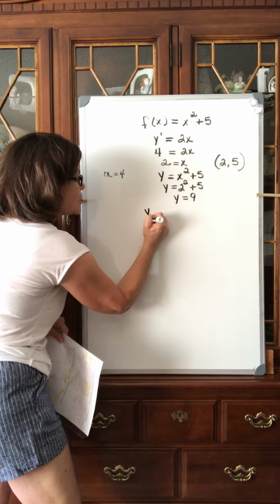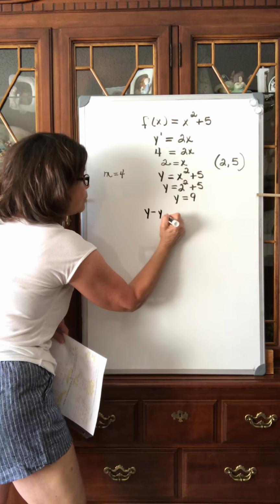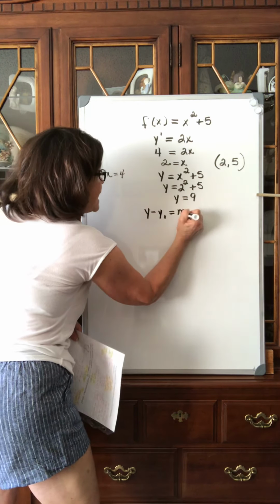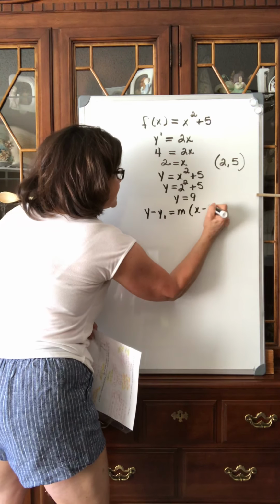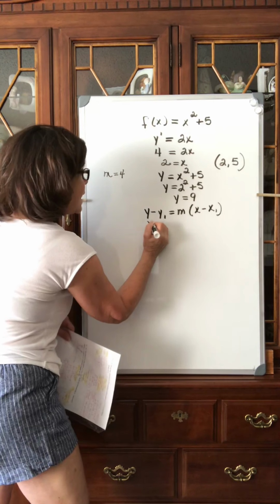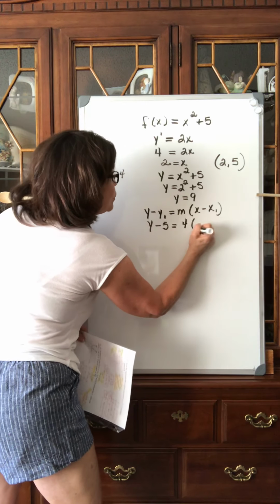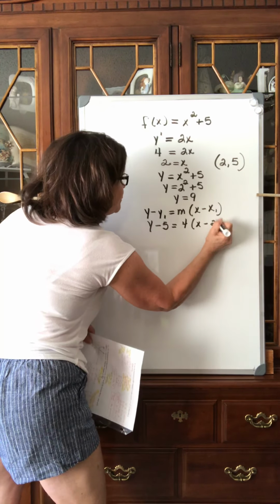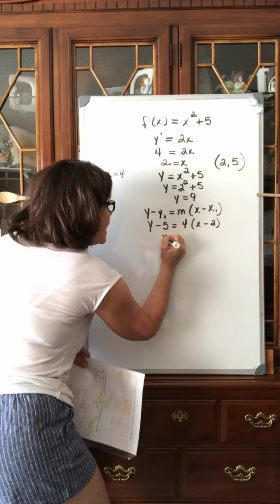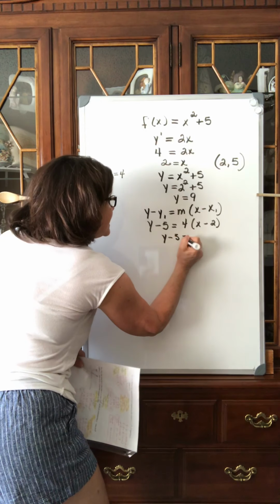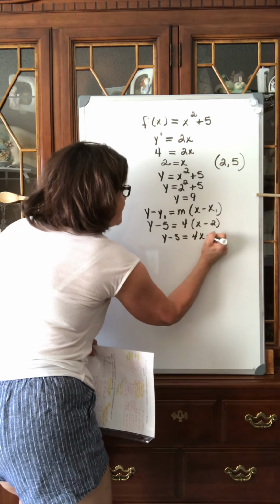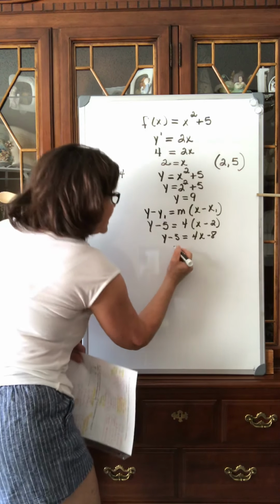So now I'm going back to my y minus y1 is equal to m times x minus x1. Y minus the y value, which is 5, the slope was given, it's 4, x minus 2. Distribute: y minus 5 is equal to 4x minus 8. Add the 5.